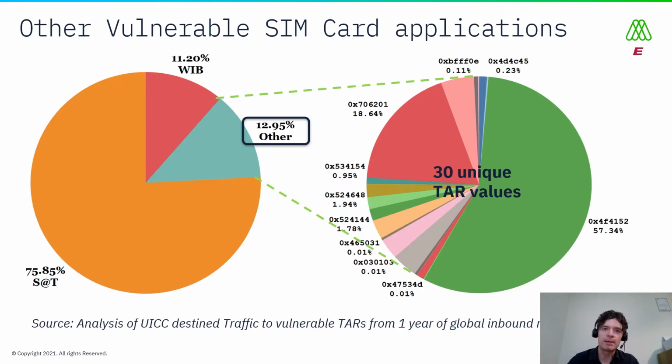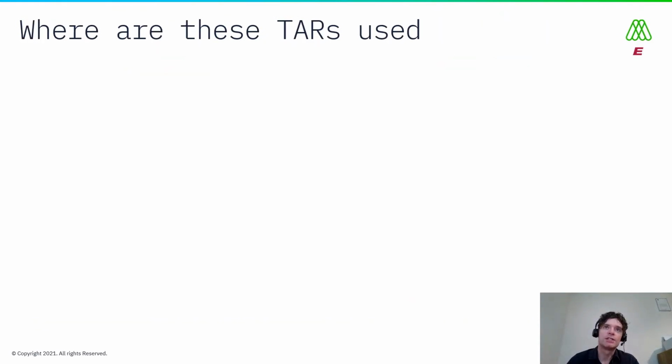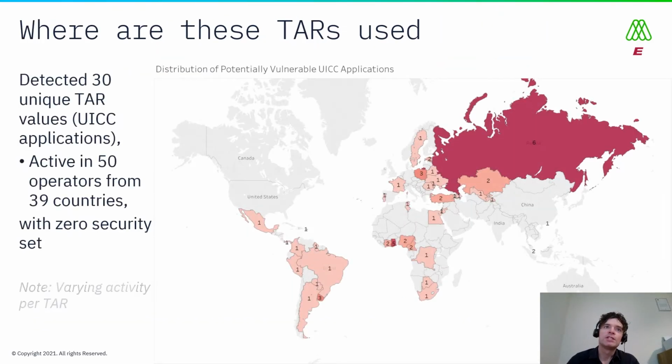Using these types of methods, we can build up a view of globally vulnerable SIM card applications. When we investigated these in detail, we saw some interesting geographic allocations. The vast majority of these TARs were in places like South America, parts of Africa, Eastern Europe, Russia, and a few parts of Asia.